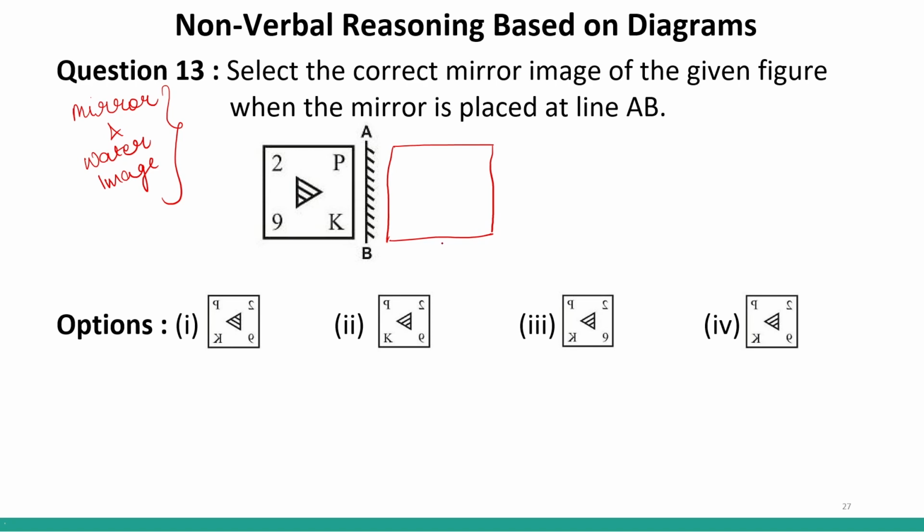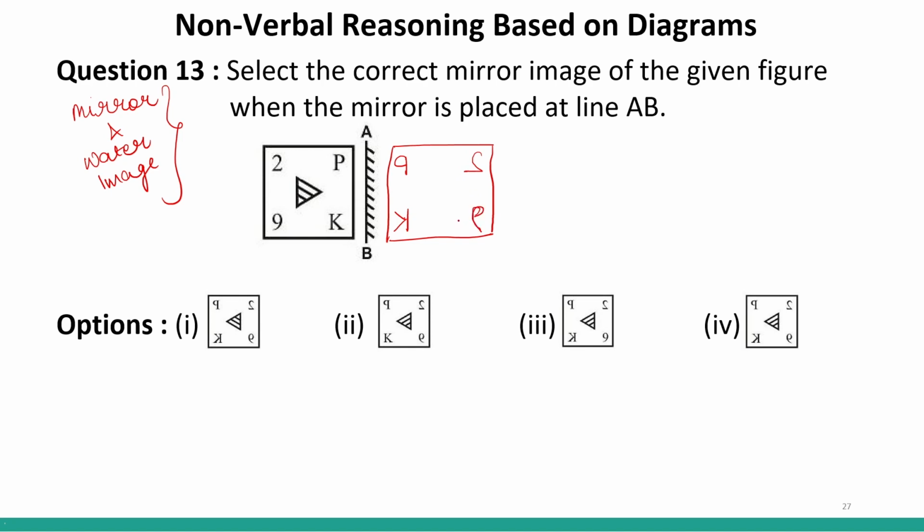The square remains the same. P will come over here inverted. K will come over here inverted. 2 will come over here inverted. So 2 will look something like this. And 9 will also come over here inverted.